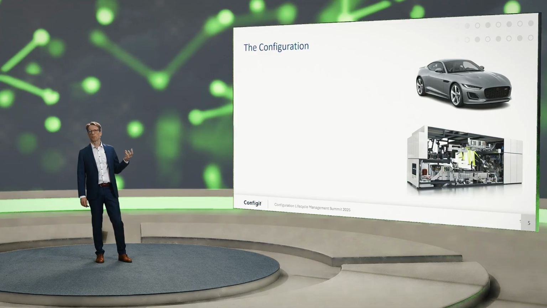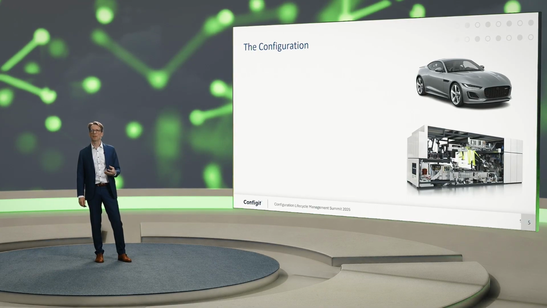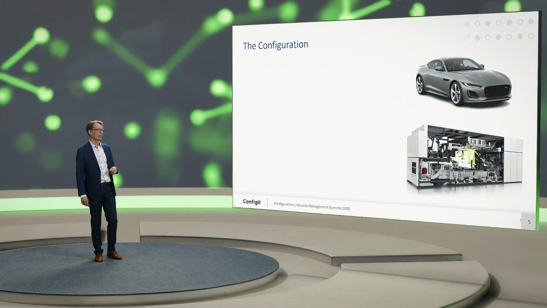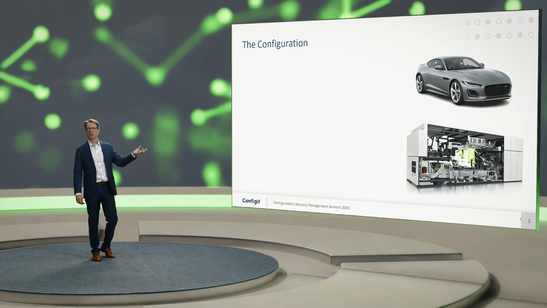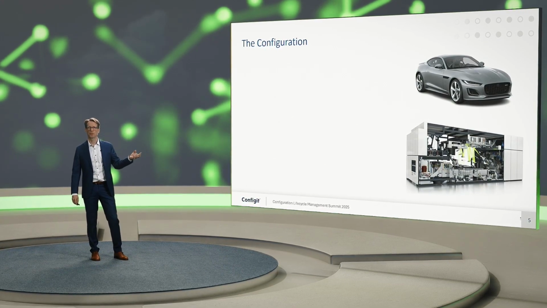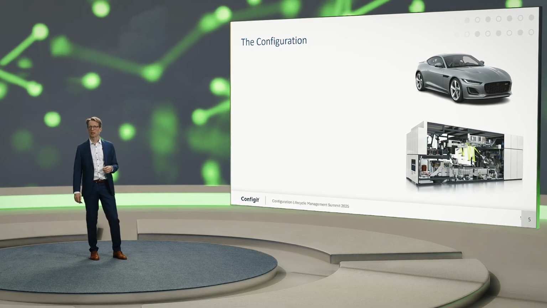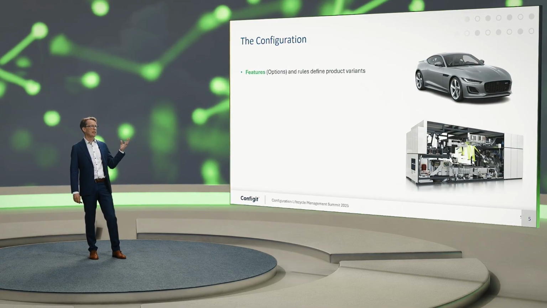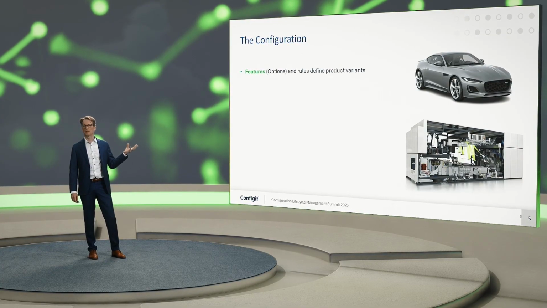When we talk about configuration, we talk about configurable products. We talk about products that have a lot of variability. It could be a car, it could be a complex machine, an MR scanner for Philips or something like that. And the key way to manage this variability is in using features and options.